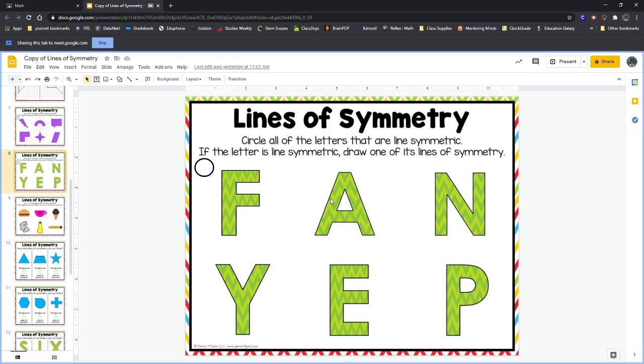I think there might be one. Who can tell me where's the one line of symmetry I could draw on a letter A, to get two congruent sides? Jada? Where could I draw a line, Jada, where I would get two congruent sides?